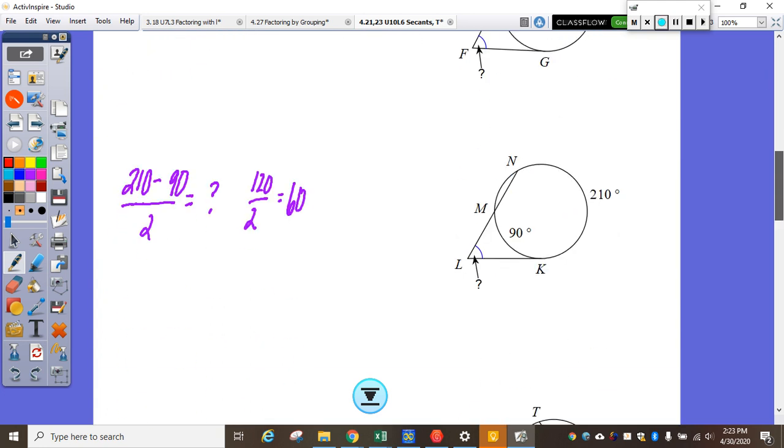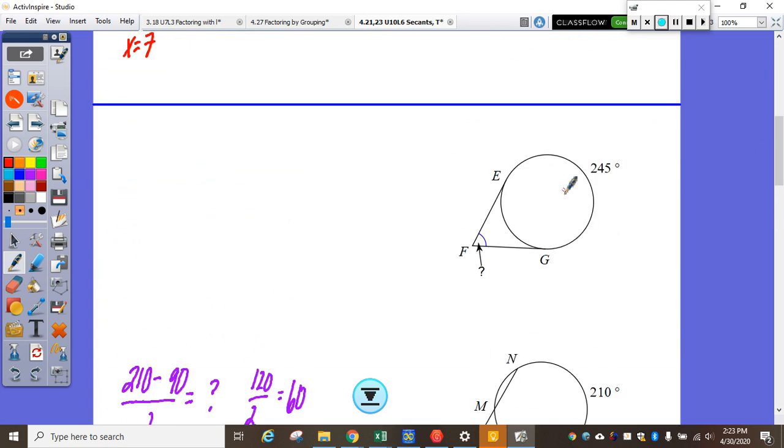Sometimes you're going to have to use a little bit more critical thinking skills, in the sense that here I have this larger arc. I don't know what this smaller arc is, and I don't know what the outside angle is. So how am I going to find this smaller arc right here?